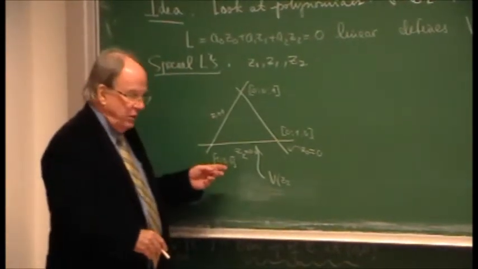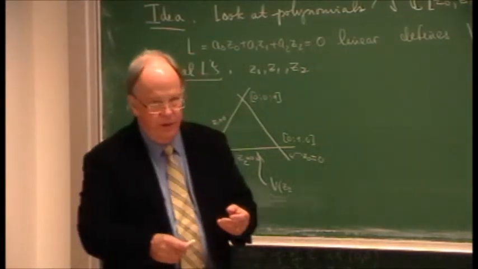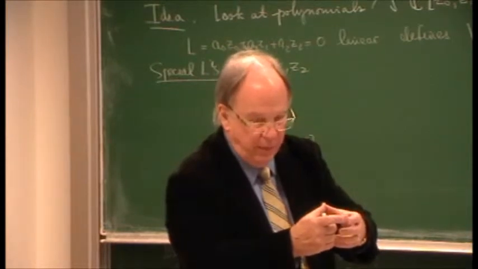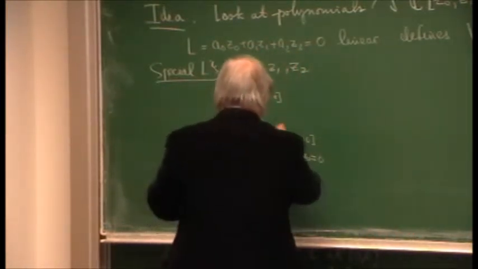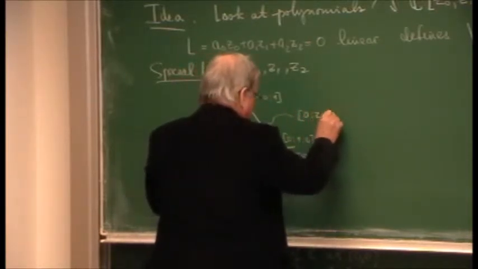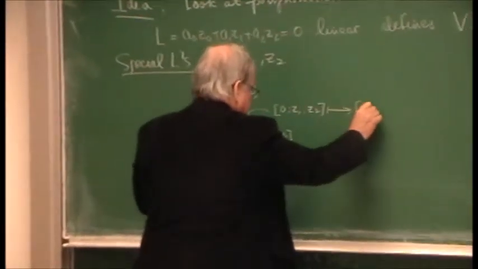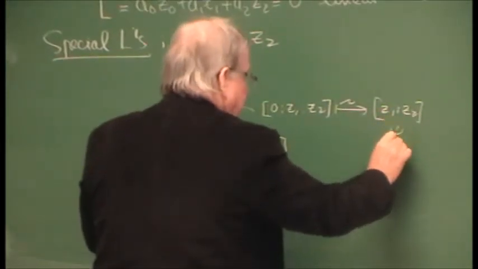And these things, you will see, even though he's dead now, I had a very good blind friend named Vitushkin, who really saw these things. You see these lines are copies of projective space, P1. The typical point here is 0, Z1, Z2, and therefore there's a map to Z1, Z2, which identifies everything, and this is a point in P1.